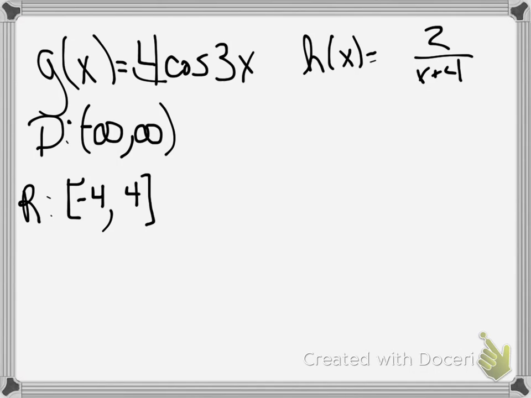Okay, it's a rational function. Rational means like division. It's like saying 2 divided by x plus 4. Well, we can't divide by 0, so x plus 4 cannot equal 0. So that means, basically, I can put anything I want except -4 into this function. So that's going to be the restriction of my domain. Now, it's all real numbers except the value -4.